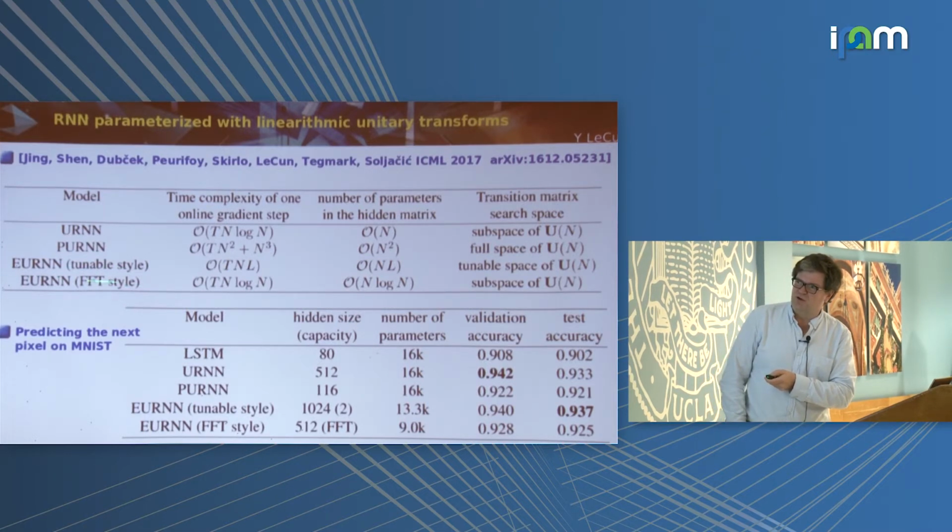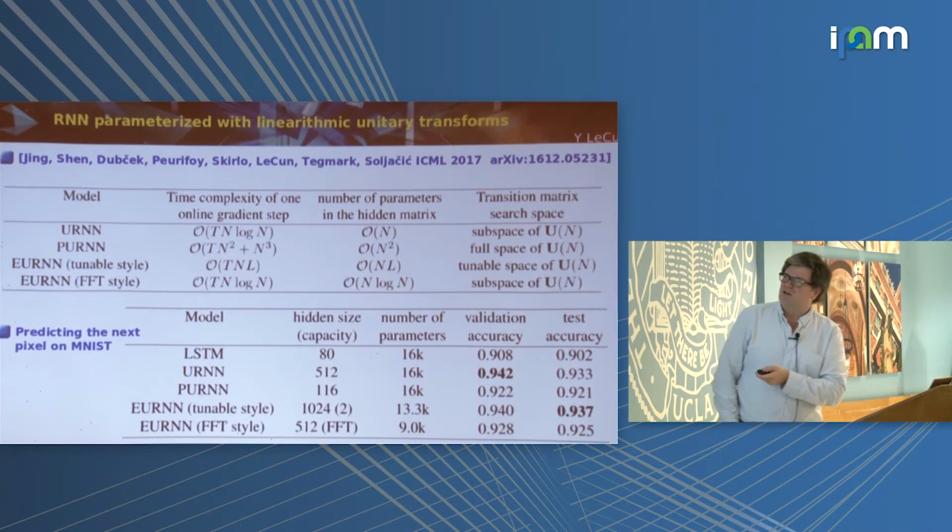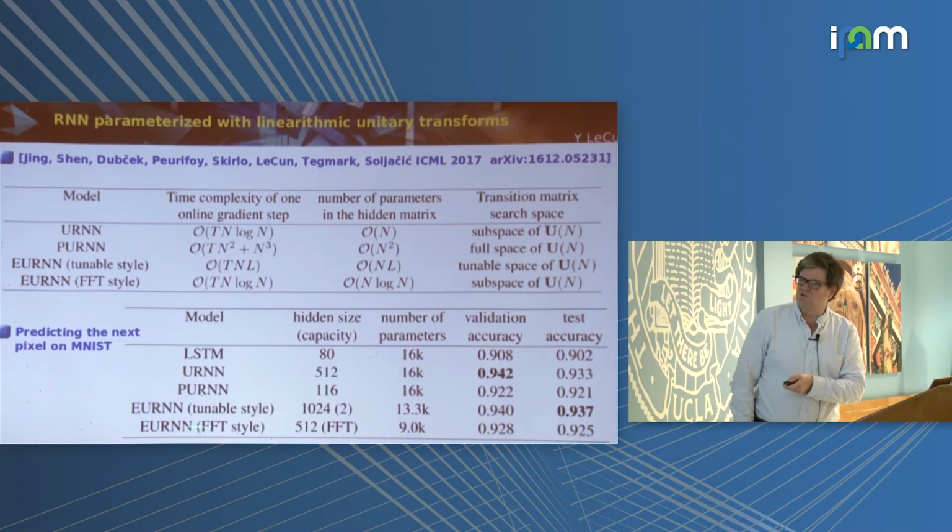This one used the n log n parameterization. This one used the full parameterization, the n squared. And what you see is that the performance when you go to n log n, as opposed to the full parameterization of orthogonal matrices, is basically the same.